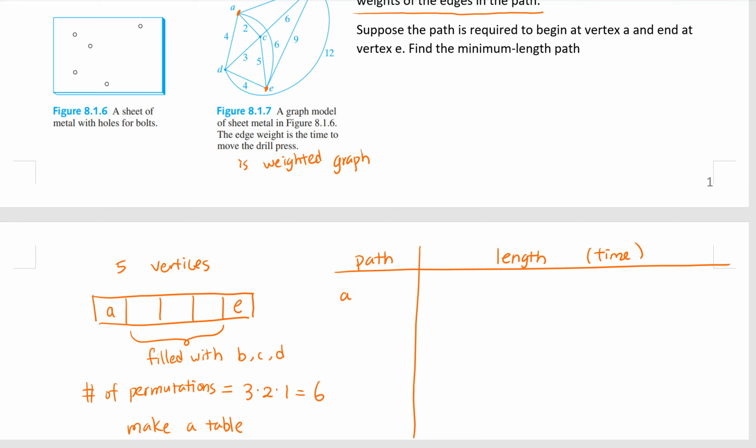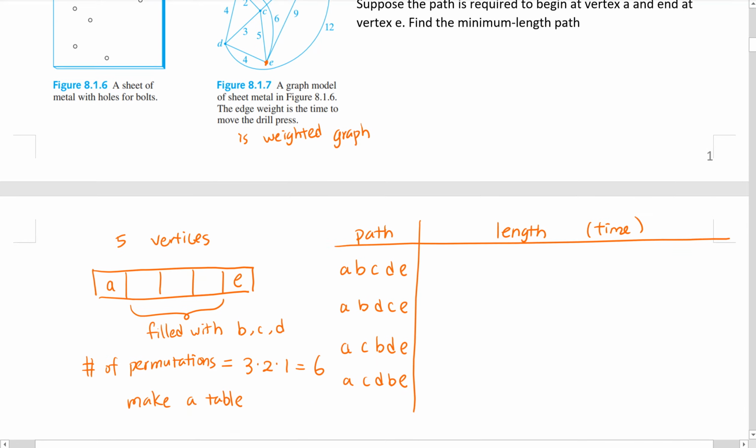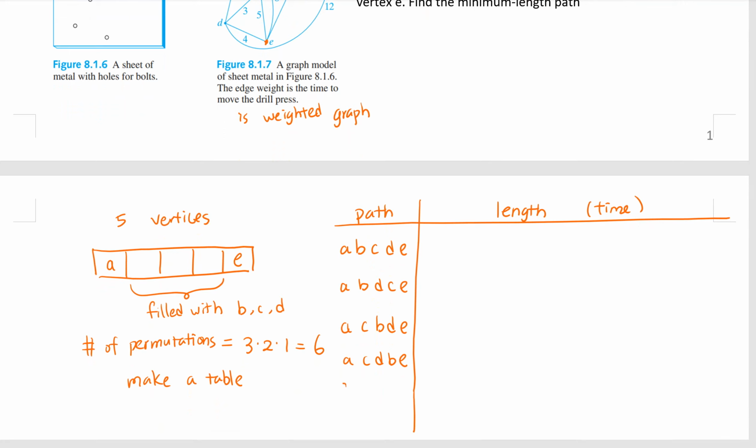A, B, C, D, E is one path. Then we can switch C and D, so A, B, D, C, E. Then we can start with C: A, C, B, D, E, and exchange B and D: A, C, D, B, E. Let's continue. We can start with D: A, D, C, B, E, and then A, D, B, C, E. Those are the 6 possibilities.